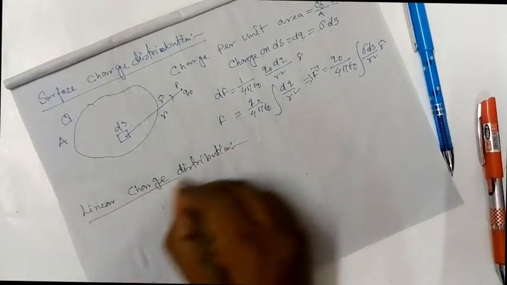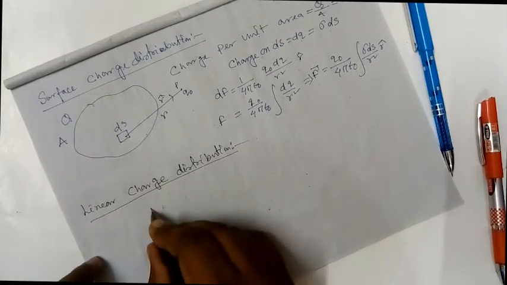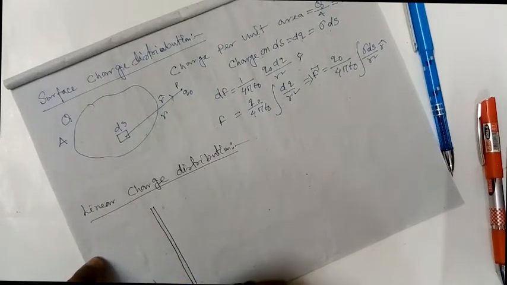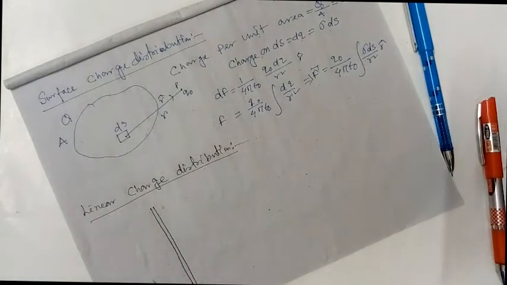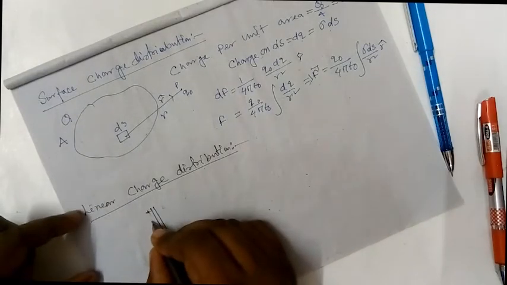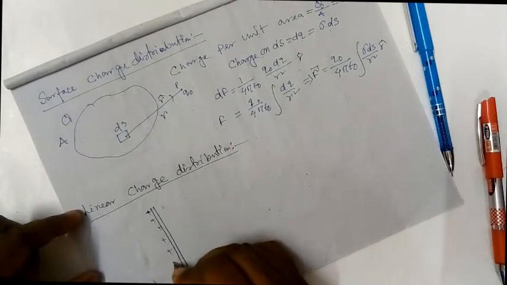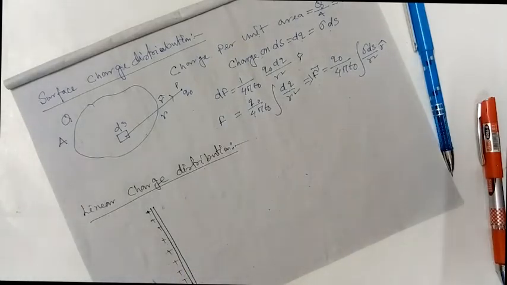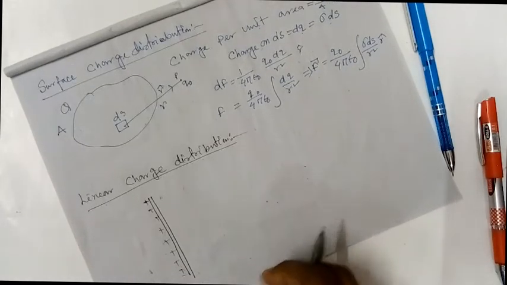First of all we have to assume a linear portion, a wire, definitely an insulator, where the charge we are assuming is positive. Everywhere we are assuming positive, because if we assume negative, then unnecessarily we have to apply a negative sign, which we don't want to do.